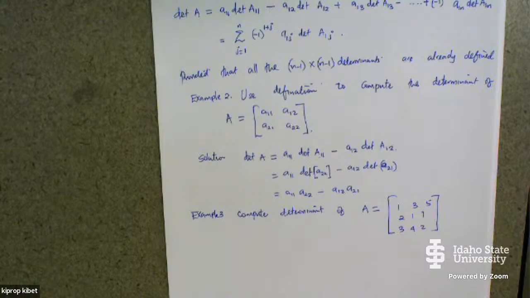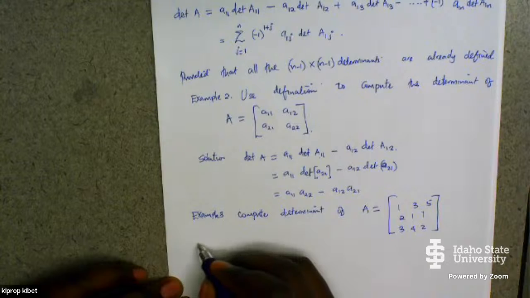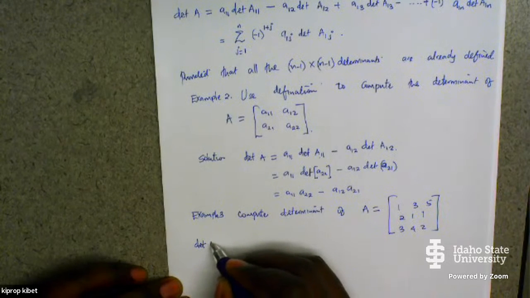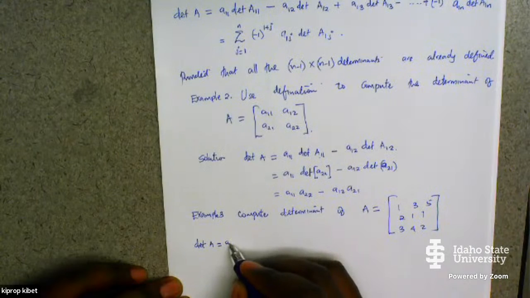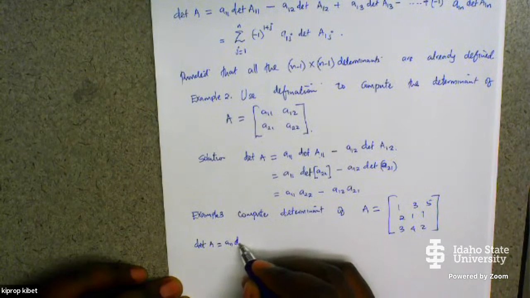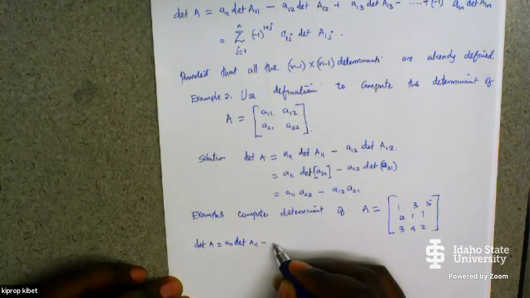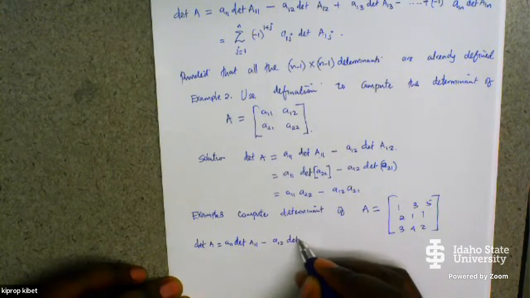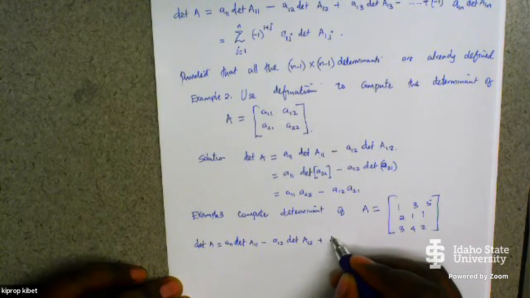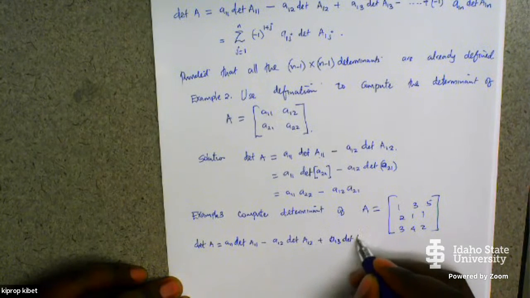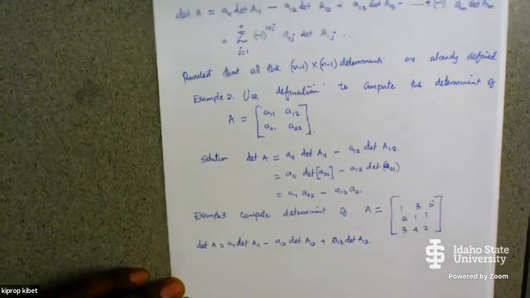Take this entry and multiply by the determinant of its submatrix, take the next and multiply by its determinant, and so on. So the determinant of A is A11 determinant of A11 minus A12 determinant of A12 plus A13 determinant of A13.